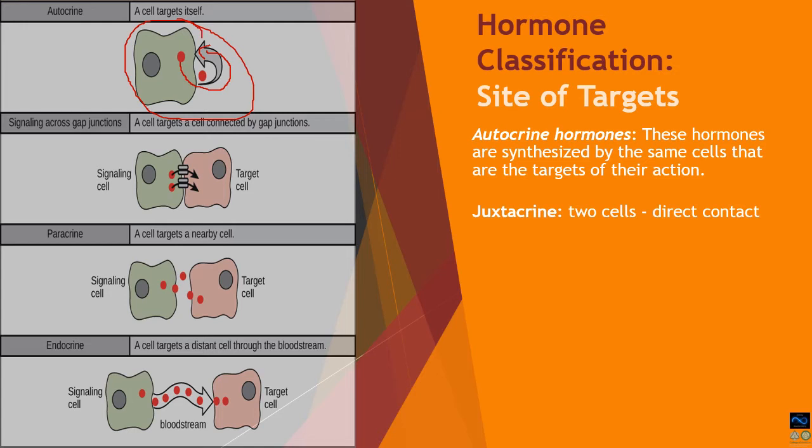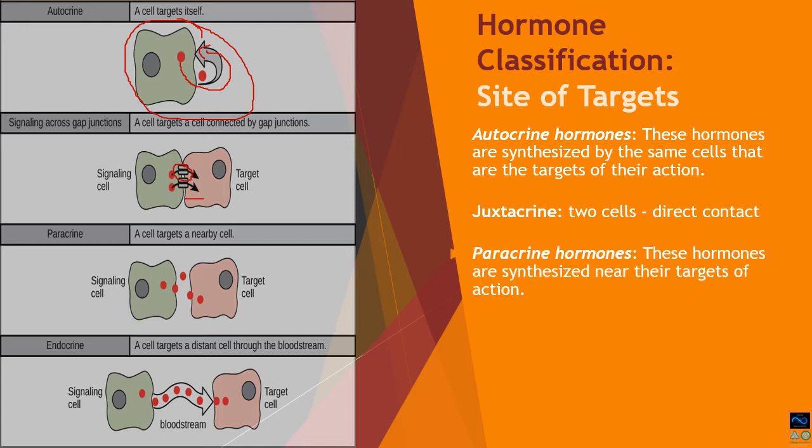Second is the juxtacrine hormone. These are the hormones which are produced by one cell and they move through the gap junctions to the accompanying neighboring cell. So the secreting cell and the target cell are located at close proximity to each other. They are in direct contact, and hence this type of signaling is called as juxtacrine signaling.